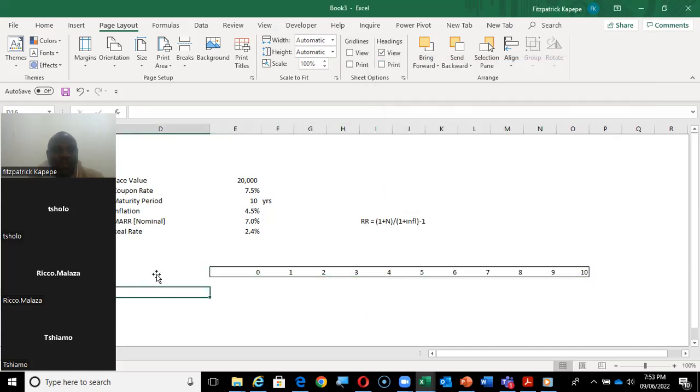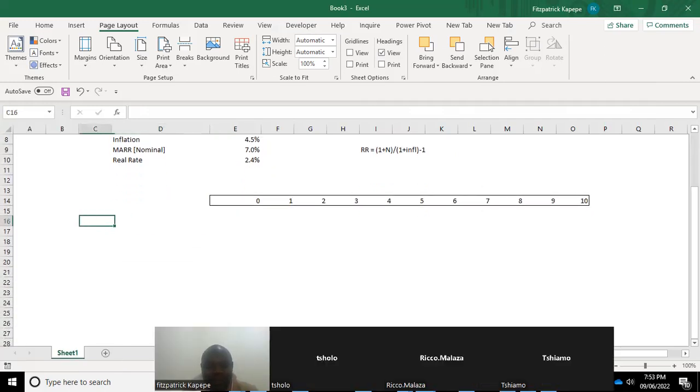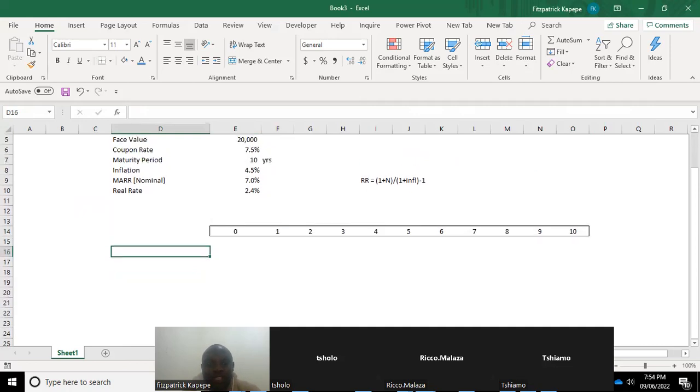You have a template, and I'm sure they have already done the template, but it's better sometimes to check how these things work. The first thing we need to do is check how inflation progresses, so we can call it the inflation index. In year 0, there's no inflation. It is at 100%, which is basically 1.